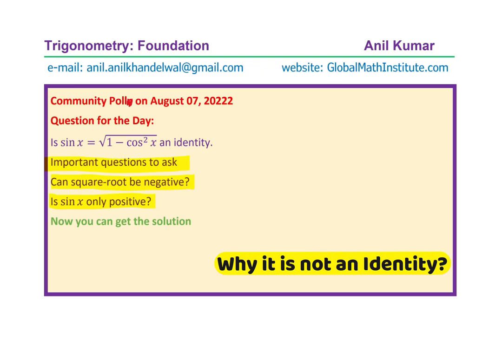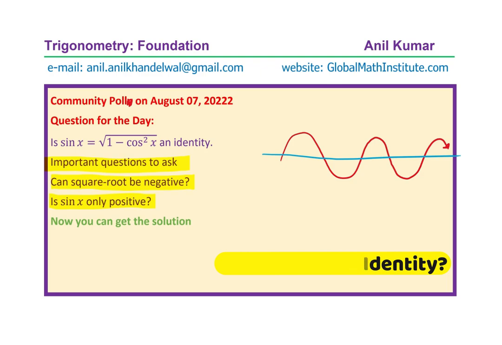The graph for sine x is something like this, right? We know that the value of sine x is between minus 1 and plus 1. So that means it has a negative value.